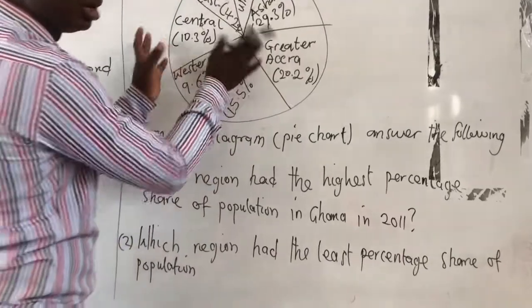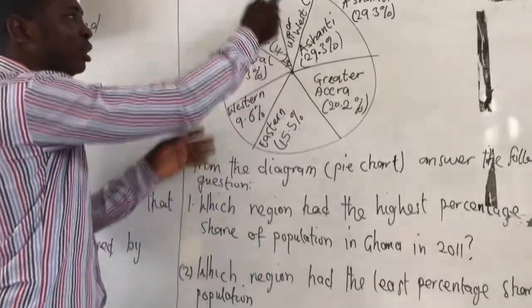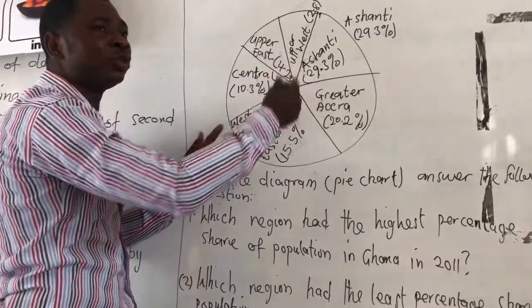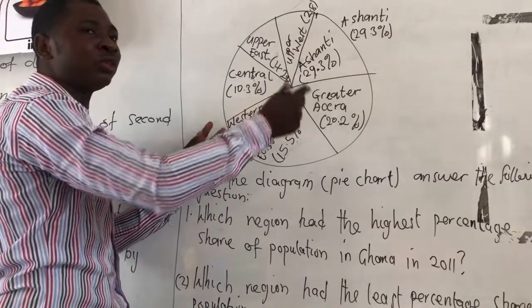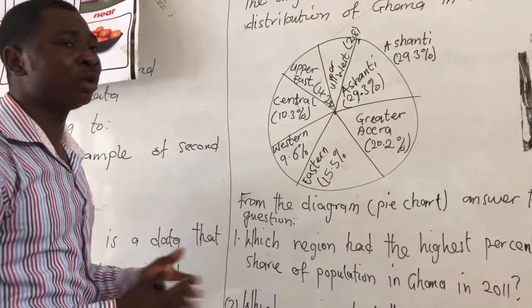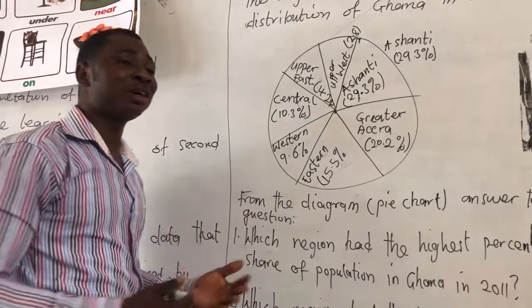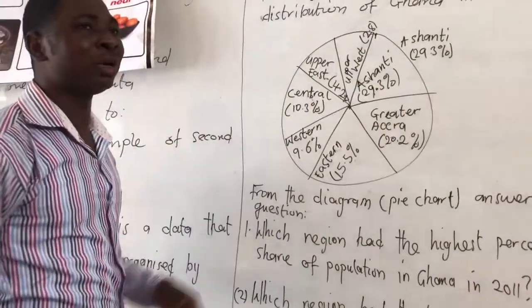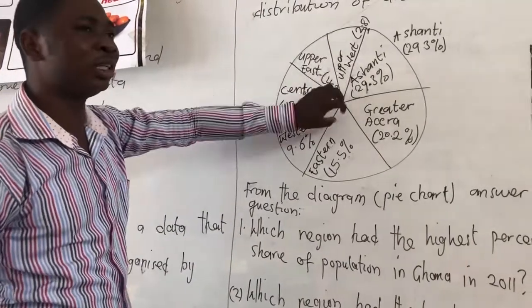I told you this can be a pie chart, because it's a circle that is divided into sectors, as we have bar graph, block graph, and stem and leaf plot.